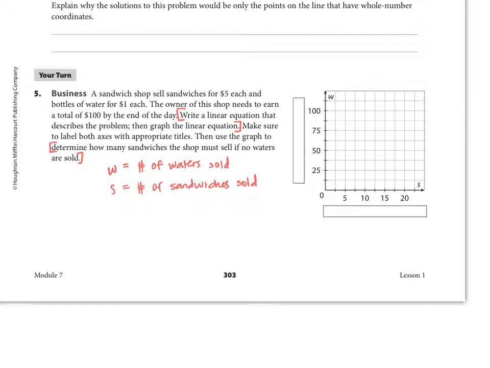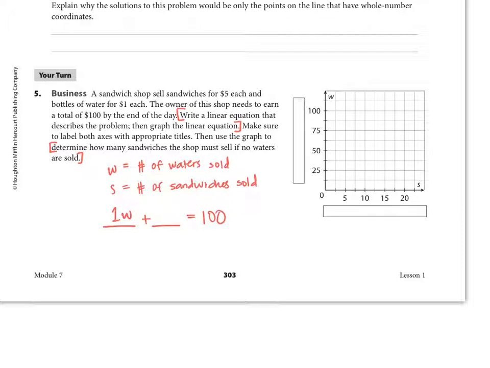The way we're going to write our equation is we want the amount earned from the water sold plus the amount earned from the sandwiches sold, and that's going to equal our $100. The amount earned from water sold, if it's $1 per water, is 1 times W. So if we're selling 30 waters, that's $30 earned.